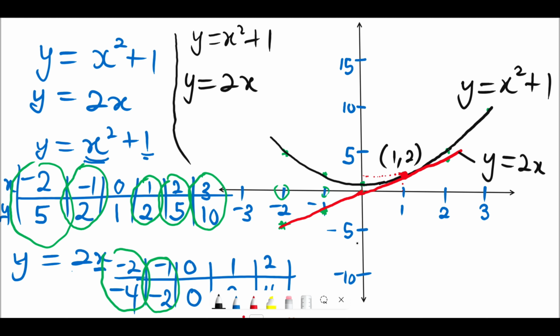So in this video, our focus is on how to determine the gradient of a tangent to a curve, and also determine the gradient of the curve where the curve meets the straight line. So the straight line here is what we are calling the tangent.